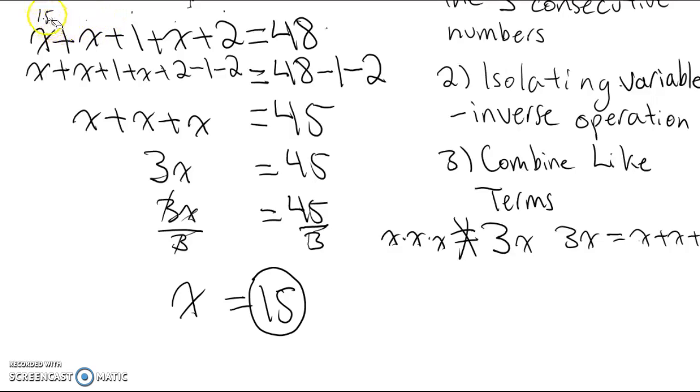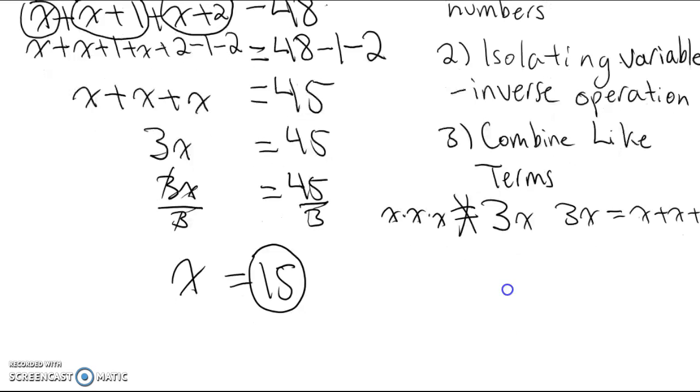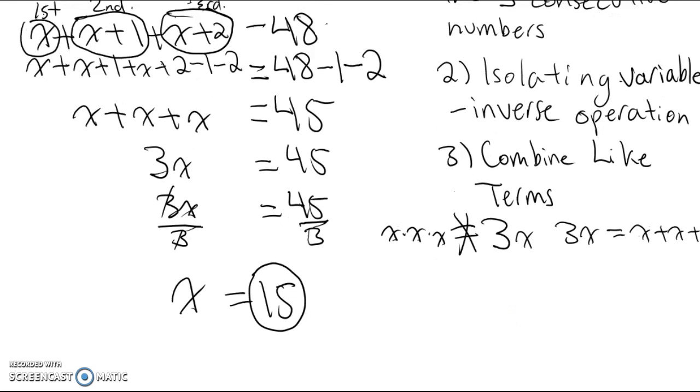Let me just write this. First consecutive number. Second and third. Third consecutive number. Okay. Now, since we have these, we're going to plug these in. X plus 1 equals 16.